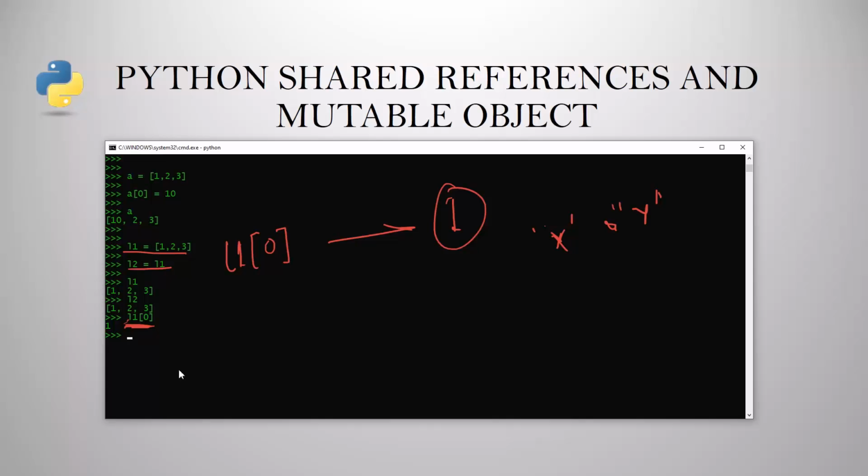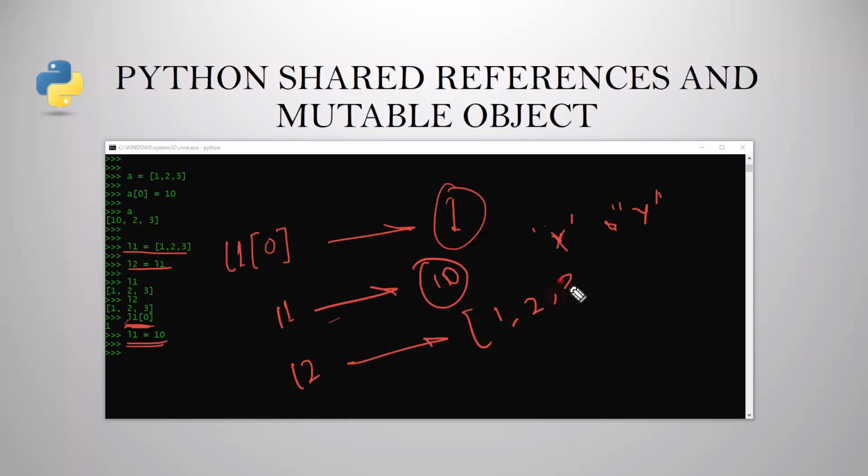Let's assign L1 equal to 10. This assignment simply sets L1 to a different object and leaves L2 referencing the same original object. So L1 is referencing the object 10 and L2 is still referencing the list object 1, 2, 3.